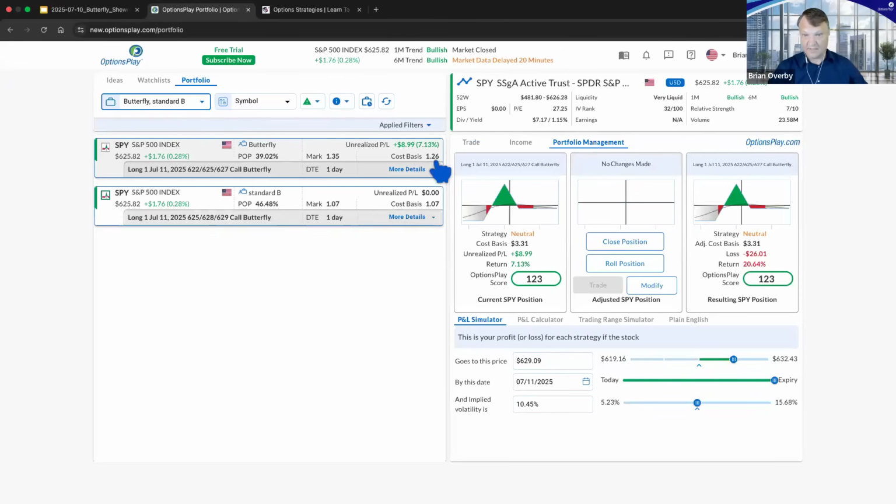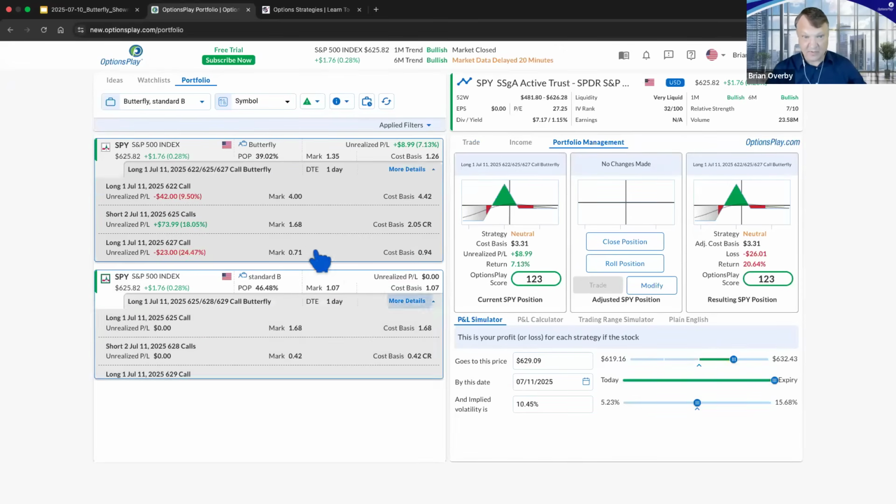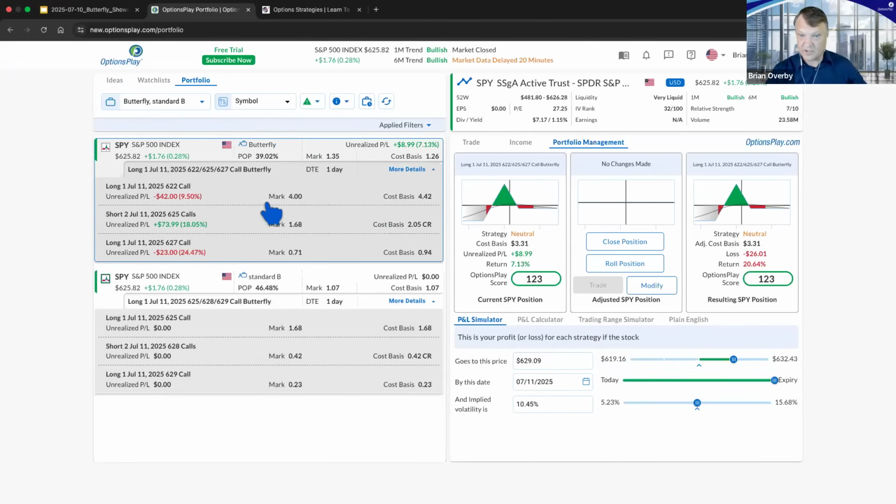See, got to be smarter than the platform. So here's the issue: if I put them both in butterfly, they would all be in one position and it would just muddy the waters. But by doing this, I can see this butterfly, which is 622, 625. This is the open wing, and this is the standard. 107 versus 126 is what the cost is if we look at those two trades.